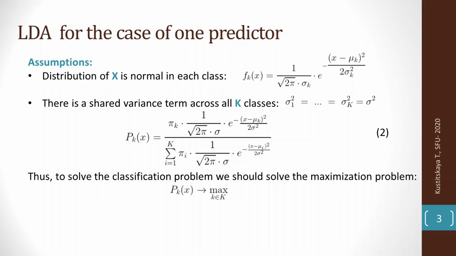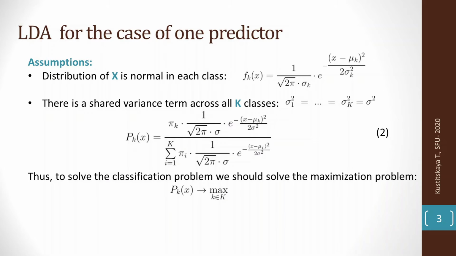We assume that all the distributions are normal. In the one-dimensional setting, the normal density takes this form. Here, mu k and sigma squared k are the mean and the variance parameters for the kth class. For now, we also assume that all the variances are equal, and we denote by sigma squared a shared variance for all the classes.